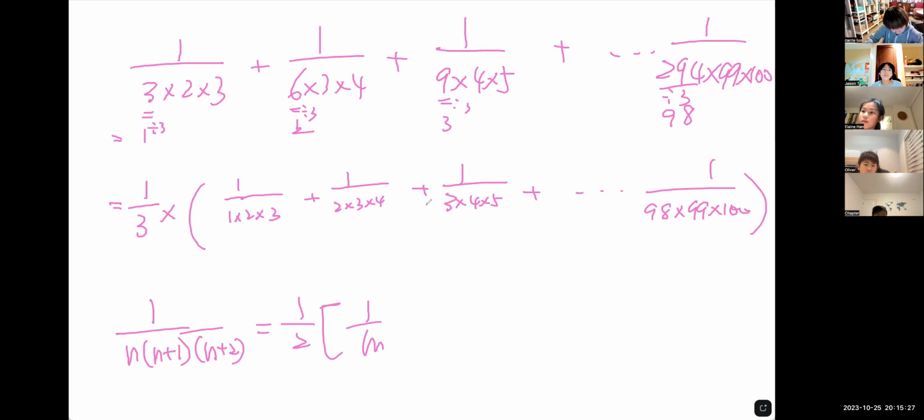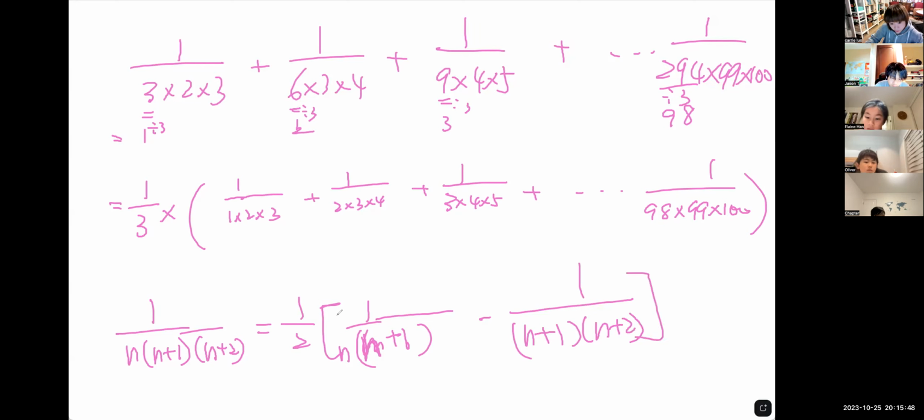Yeah, the formula is 1 over n times n plus 1 times n plus 2. Please copy this down in your notebook, okay? Equals 1 over 2 times, 1 over n times n plus 1 minus 1 over n plus 1 times n plus 2.